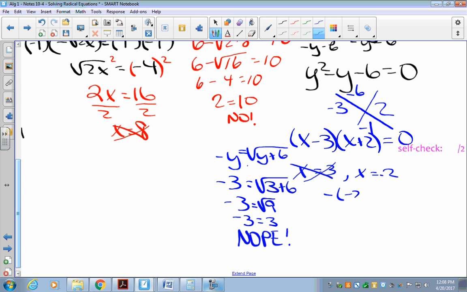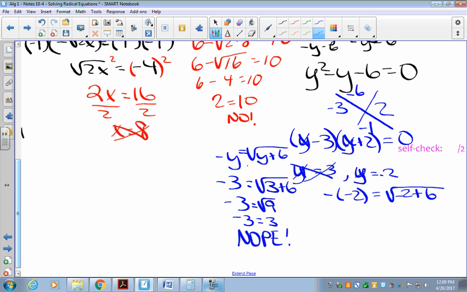Negative 2. I already have a negative hanging out in front of the y. Oops, I said x. Sorry. These are all y. I already have a negative hanging out in front of the y. The negative on this one is also going to get plugged into there. So it's negative 2.